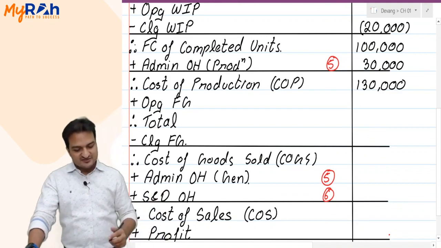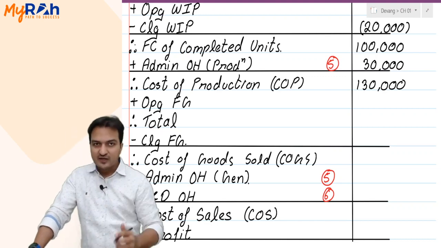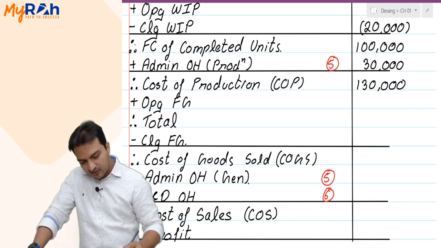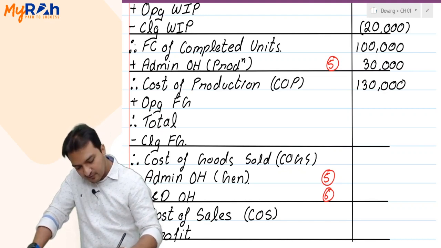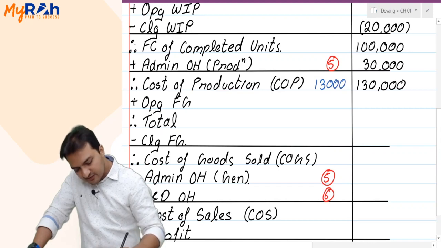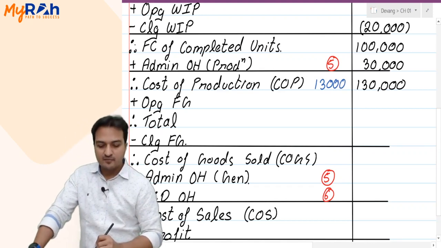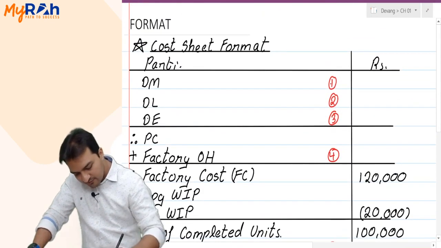Now, out of this production, just for example, say this 1,30,000 cost of production pertains to 13,000 units. Assume that I am writing units in my inner column here.